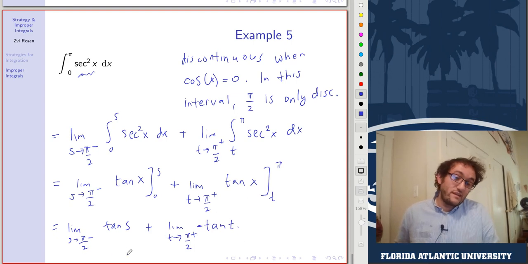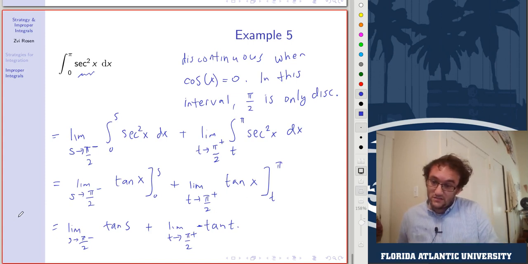These limits do not exist, right? Because at pi over 2, tangent also has cosine in the denominator. So that goes off to infinity. Let's look at a graph of tangent. Okay, so tangent looks like this, where this is pi over 2.